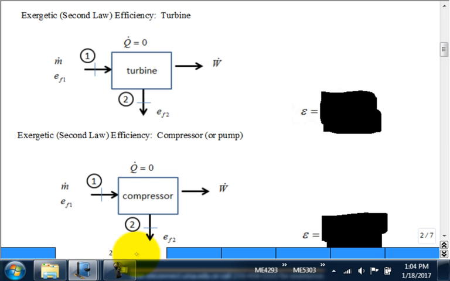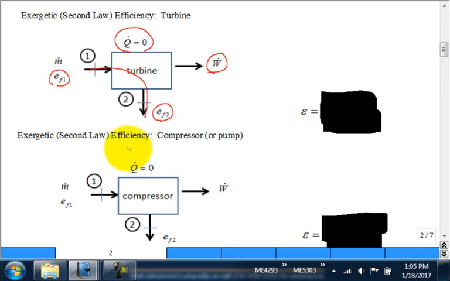So this is where we were last time. We talked about fluid flowing through a turbine. The turbine typically is well insulated. The purpose is to extract some energy out of that fluid stream and convert it into work. Well, we can get a second law or exergetic efficiency based on the flow exergy in and the flow exergy out.